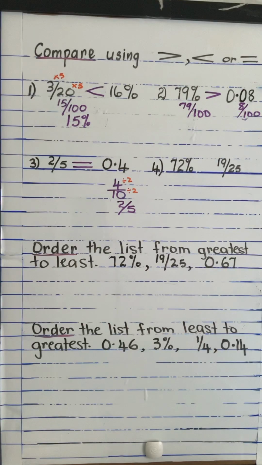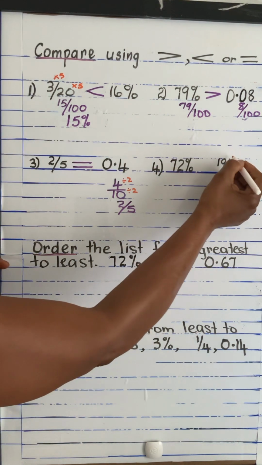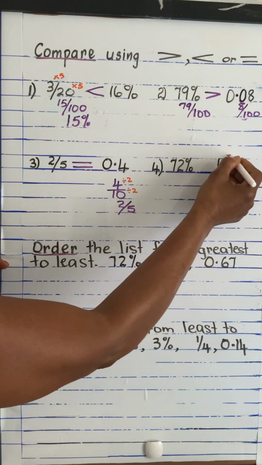Next, 72% and 19 over 25. Again, percent is easy, so multiply by 4.